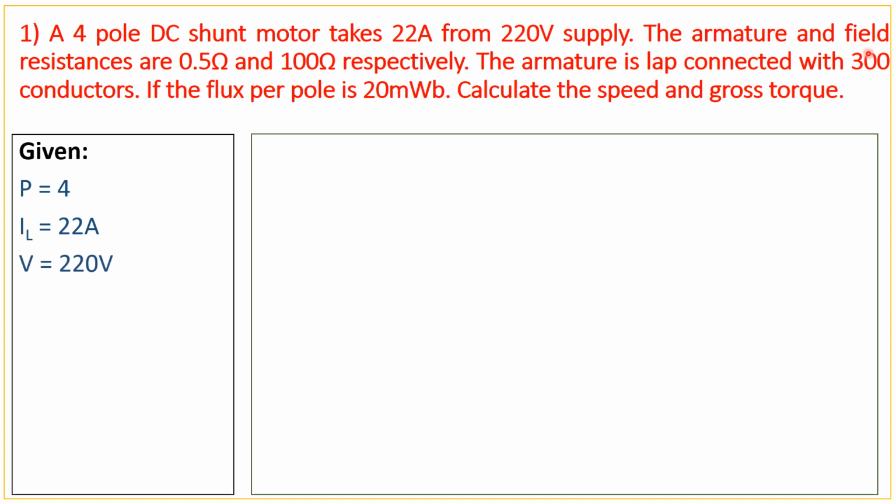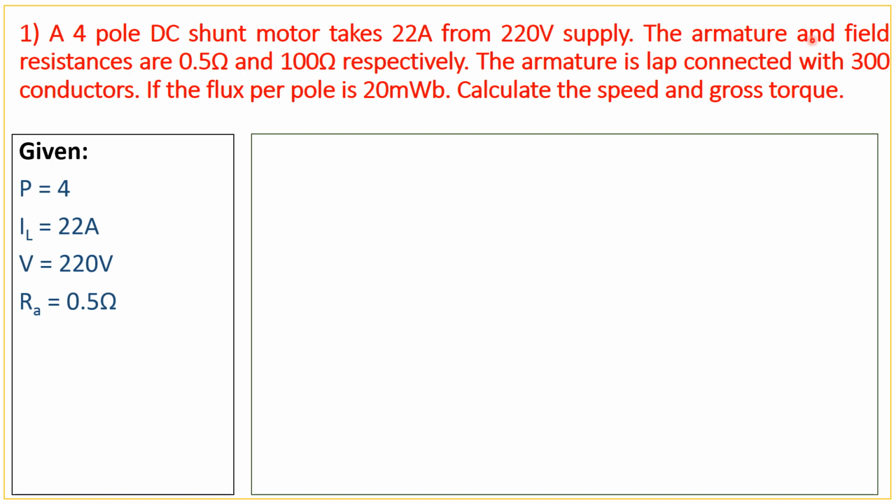Next, the armature and field resistances are 0.5 ohm and 100 ohm respectively. It means there are 2 resistances. The first one is armature, so armature resistance is 0.5 ohm. Therefore RA, where the suffix A refers to the armature.